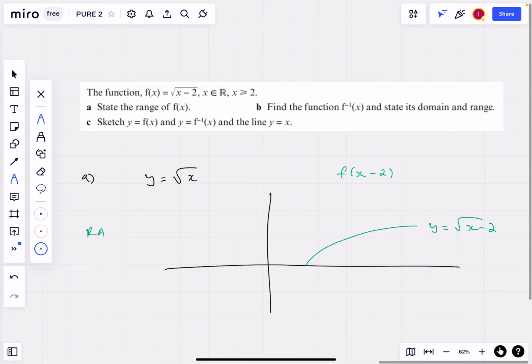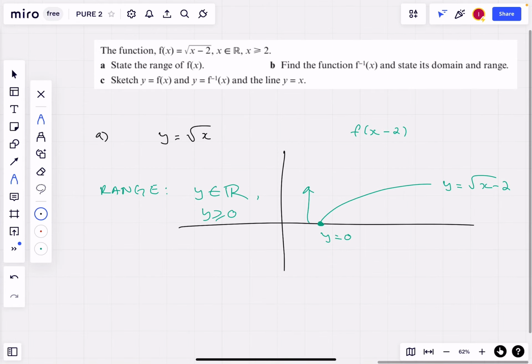So the range is y can be any real value, provided that it's greater than or equal to 0. Because at this point, y equals 0, and it has no limit above that. It's going to continue on going up and up and up forever. So there's no upper limit to it.